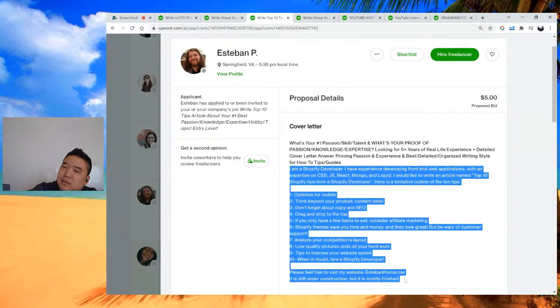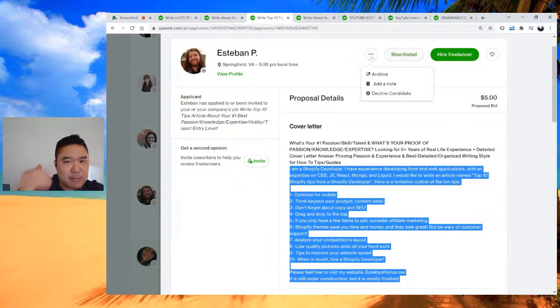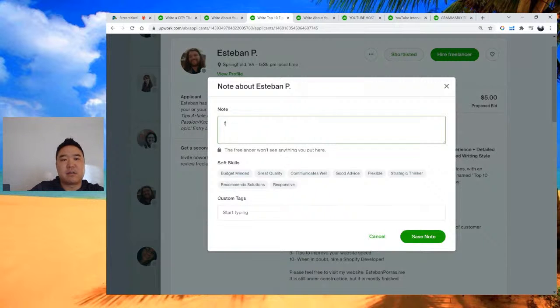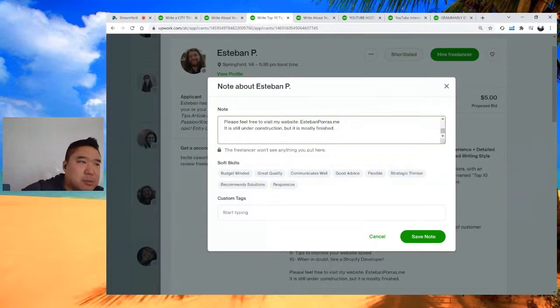I may consider it because it's such a unique topic, and I could tell the person's a real life expert and a good writer to give top 10 steps. To come up with top 10 steps from the get go, that takes time, effort, organized thinking, planning, structuring. And that's the type of writer I'm looking for.